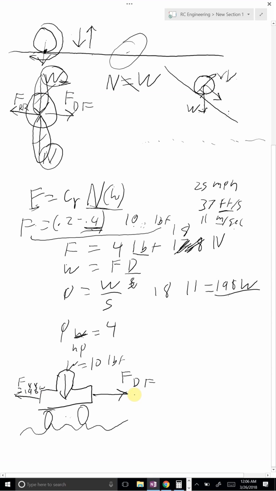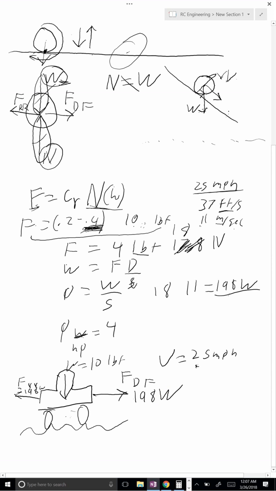So in order to go forward with a 10-pound car over sand with this extremely high rolling resistance at a constant rate, if we were traveling at 25 miles per hour, and we wanted to maintain our speed, our motor has to be at least 198 watts.